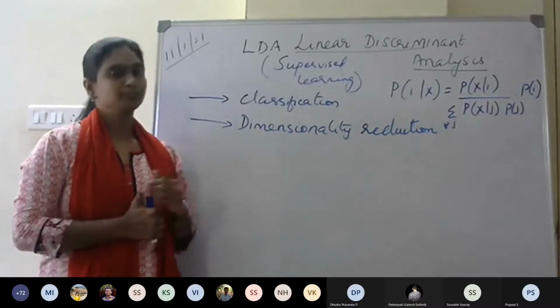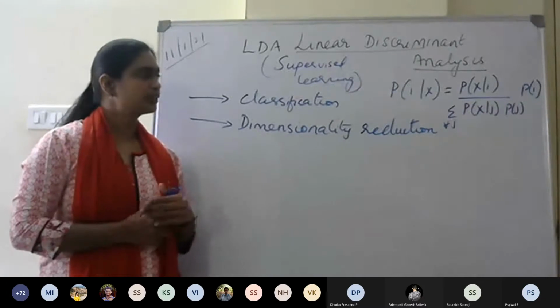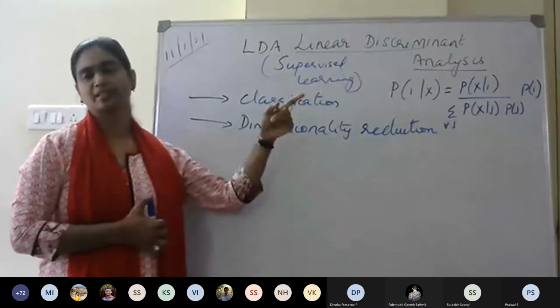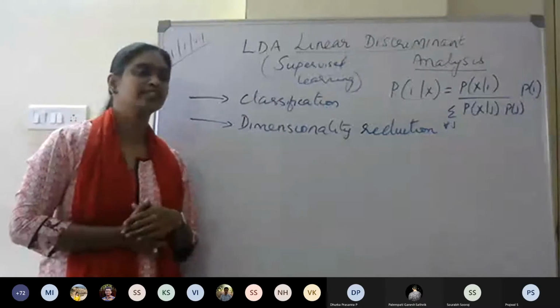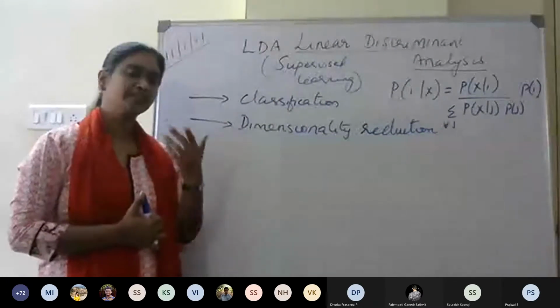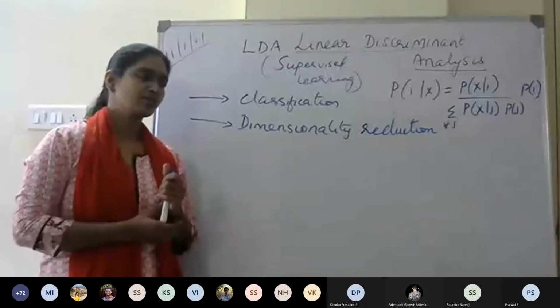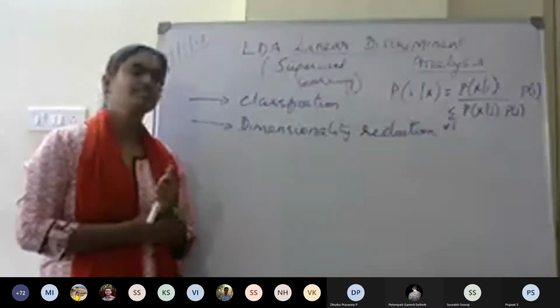Okay, so let us do LDA first. Before going into LDA, we have to discuss the earlier session on Bayes theorem, why we cannot use Bayes theorem, or why Bayes theorem will fail when you have more features.